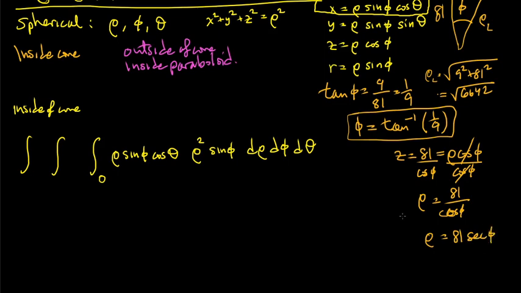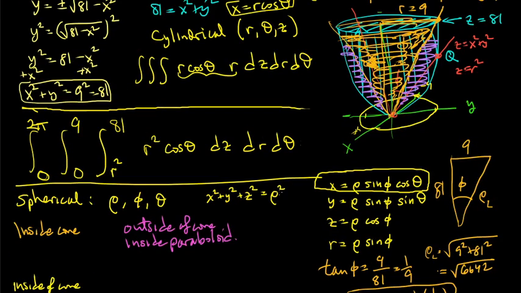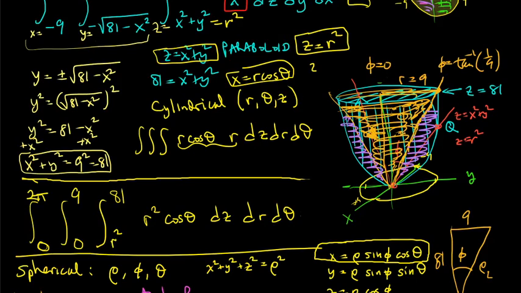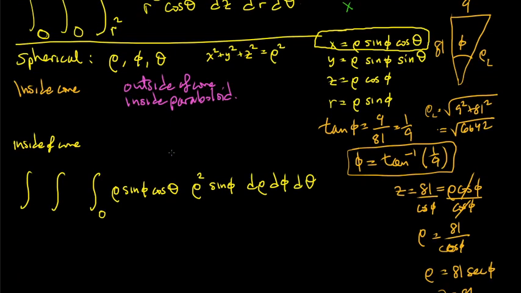This describes the plane z equals 81, the outer limit, the outer edge of this region. We're not going to go anywhere above z equals 81. Or in spherical coordinates, rho equals 81 times secant of phi.